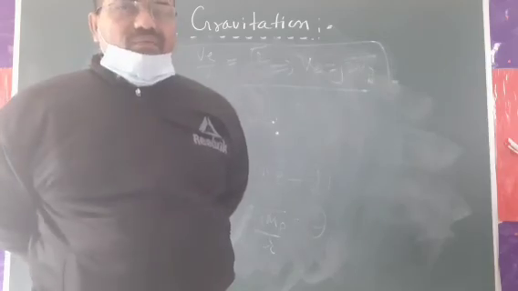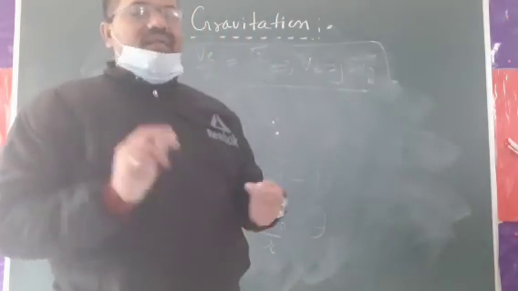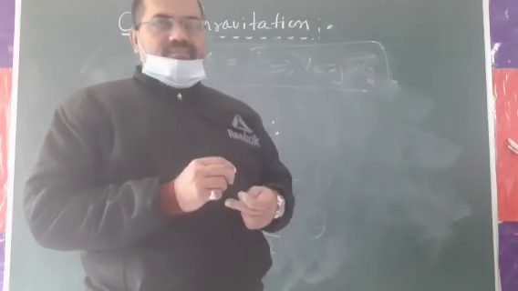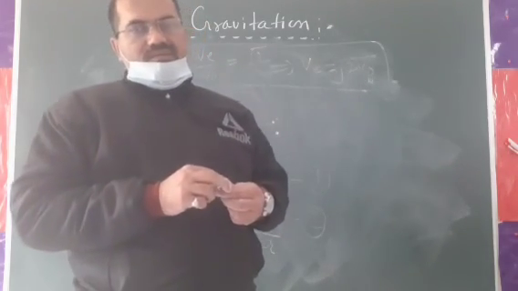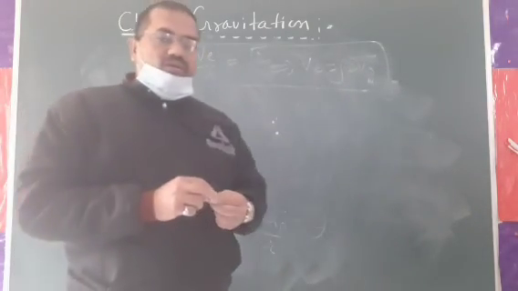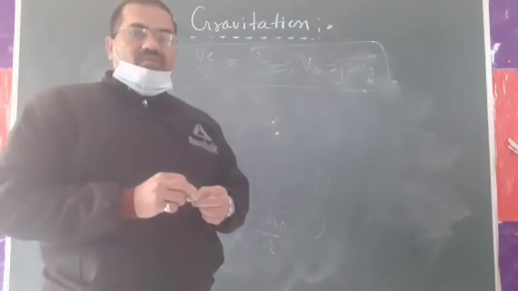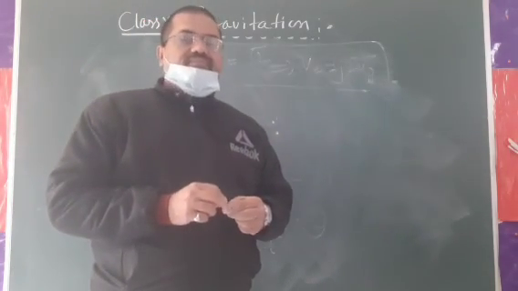Basically, Earth revolves around the sun, or any satellite revolves around the sun, in an elliptical path, not a circular path, which is known as the law of orbit. Angular momentum of any satellite is constant.